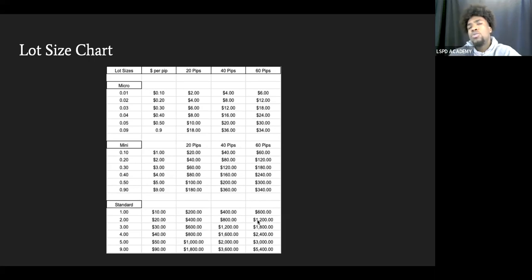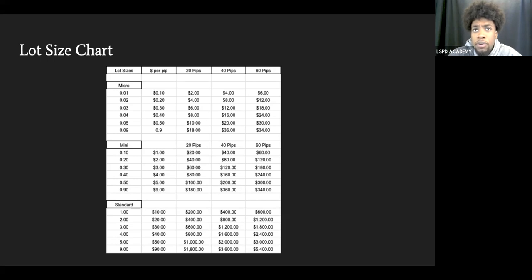So just to reference, you don't have to catch a million pips. If anyone is familiar with other Forex traders or other people, you don't have to catch an insane amount of pips, right?